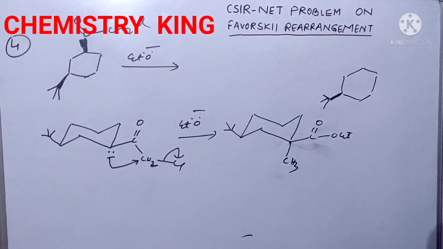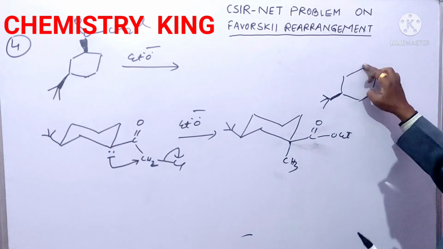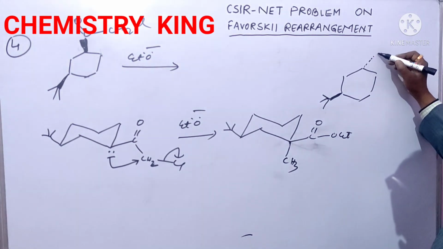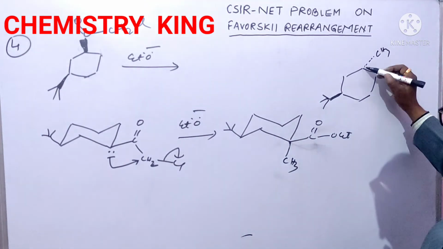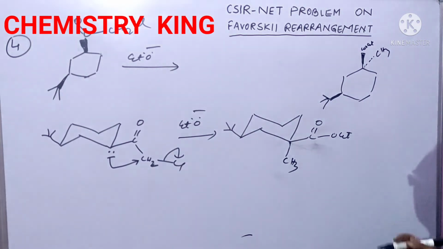Okay, friend? Here, how we should write? Okay? It is up. Here, it is up, it is down. 1, 2, 3. It is down. So it is methyl. It is up. It is ester, COOEt.